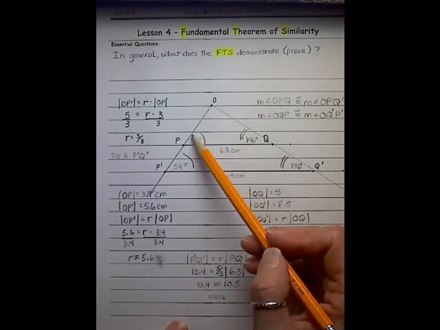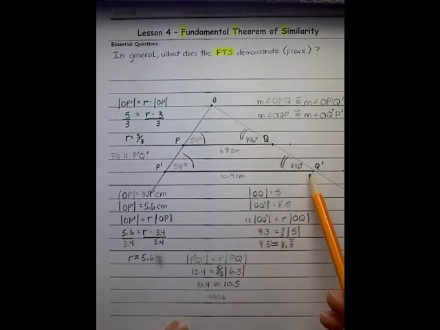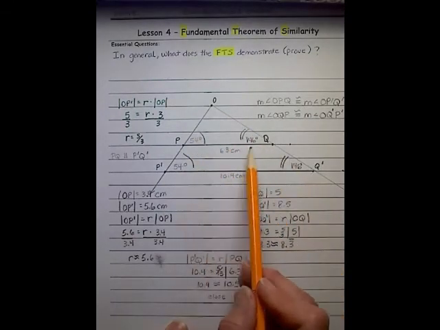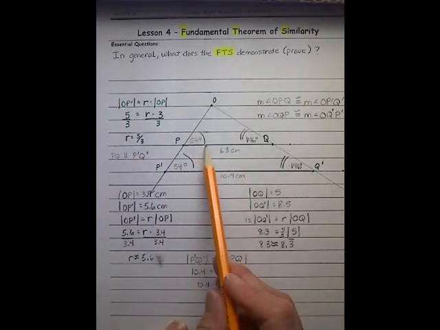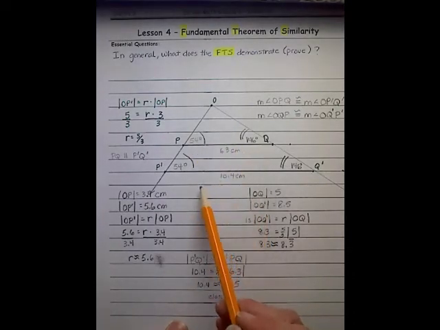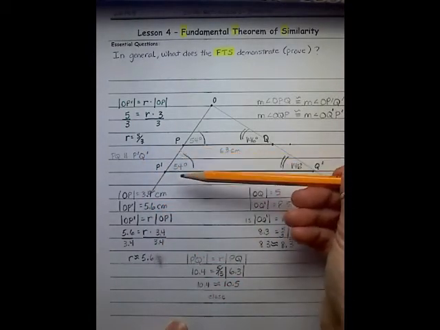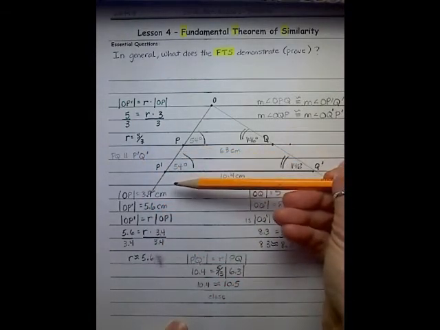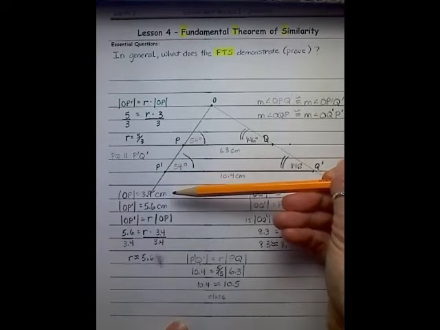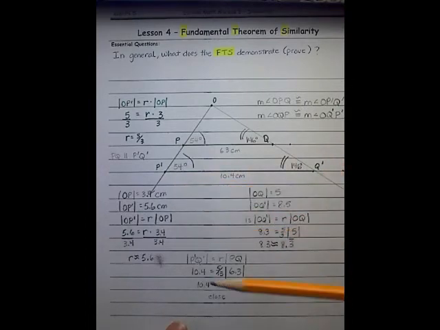So you would expect that these have the same scale factor. What we wanted to find out when you were measuring these is if the segment connecting the dilated points dilates with the same scale factor of 5/3. And the answer is yes, it did.